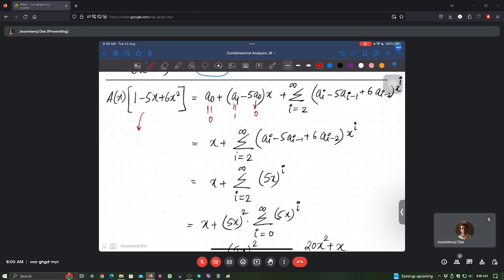So that's 5 plus or minus the square root of 25 minus 24, over 12. So it should be 5 plus or minus 1. It's either 1 over 2 or 1 over 3. Is that correct? Yes. Roots are either 1/2, 1/3.